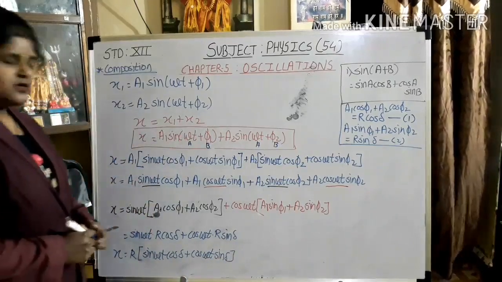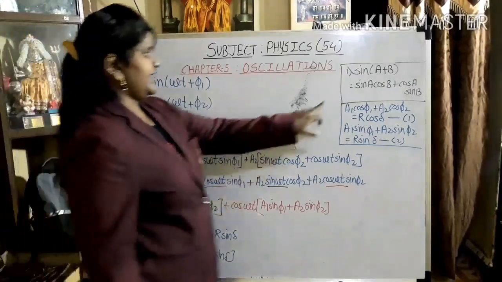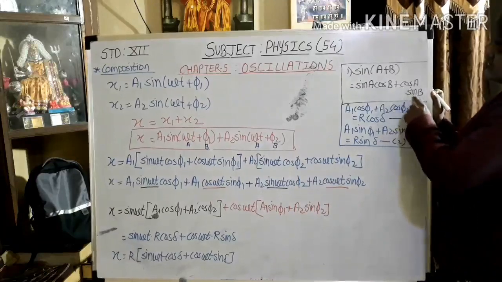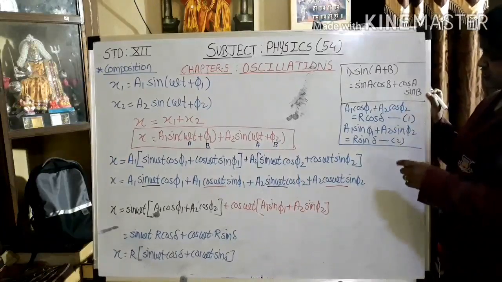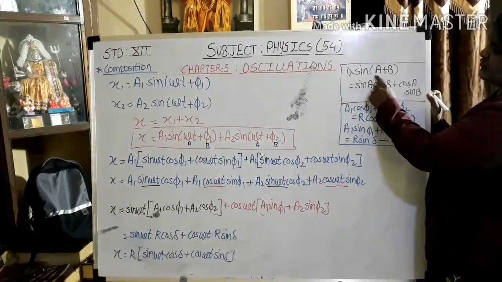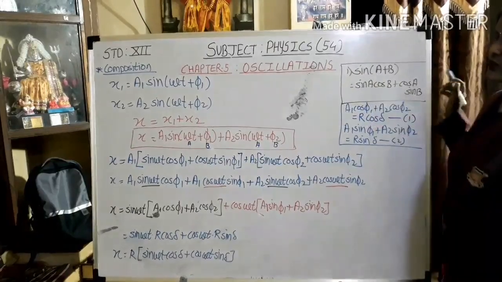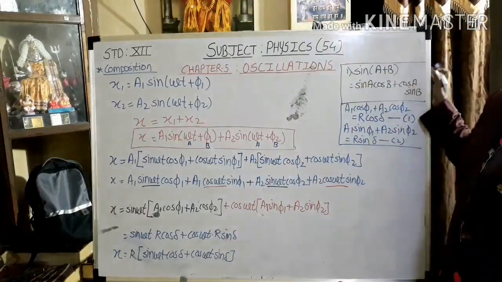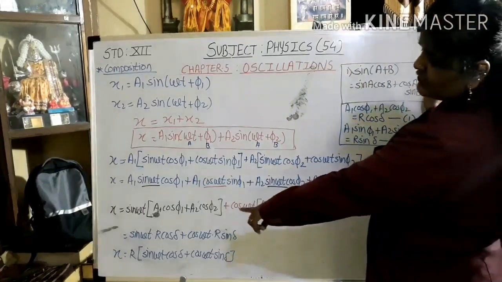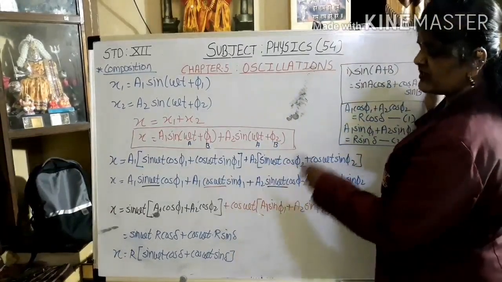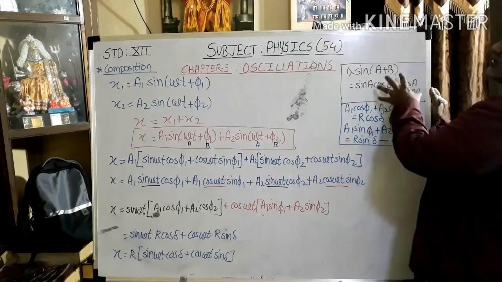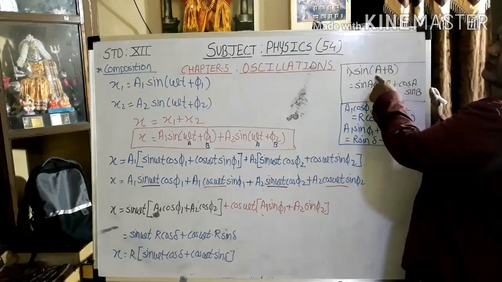Now observe this and this. Sin a cos b plus cos a sin b is nothing but what? It is nothing but sin of a plus b, right? So can I put it over here? See, I have got sin omega t cos delta plus cos omega t sin delta, in the same way as sin a cos b plus cos a sin b. Instead of this, I can put sin of a plus b.